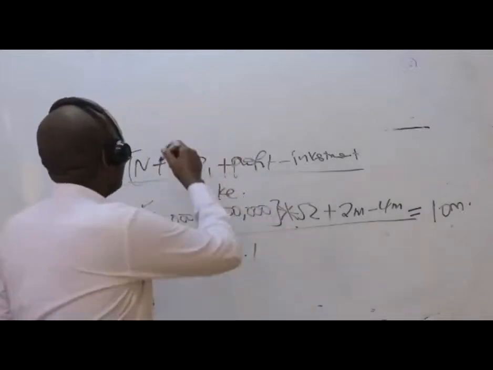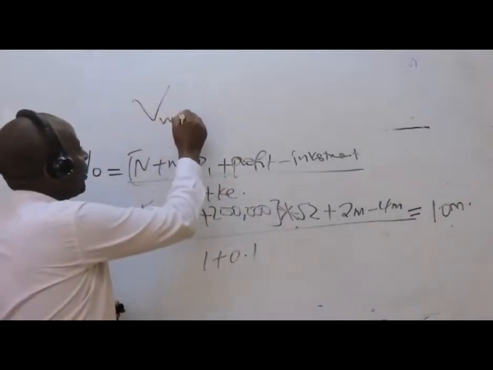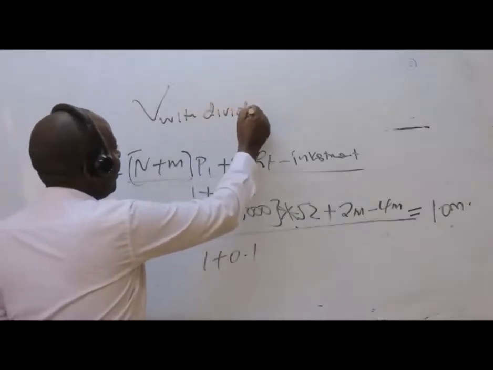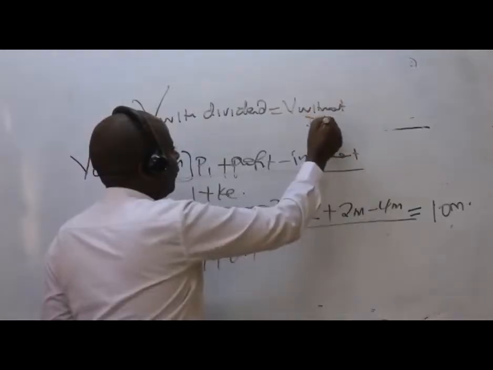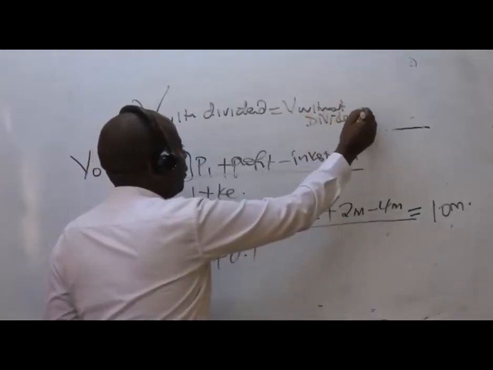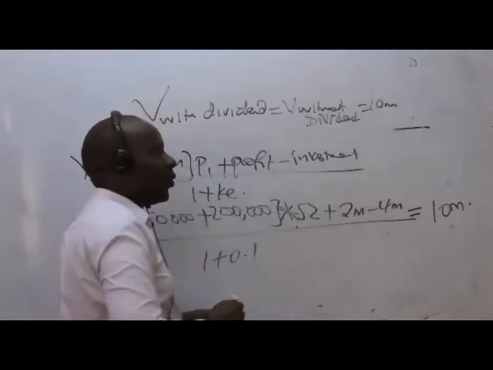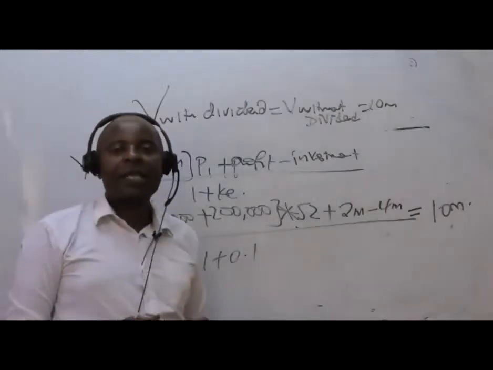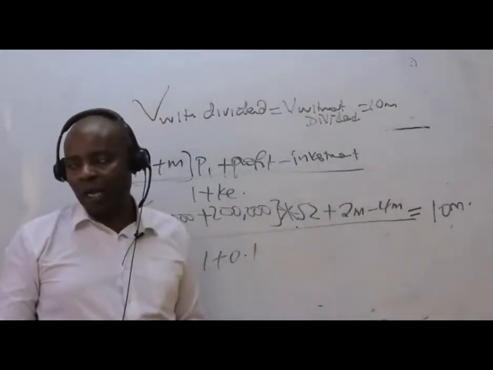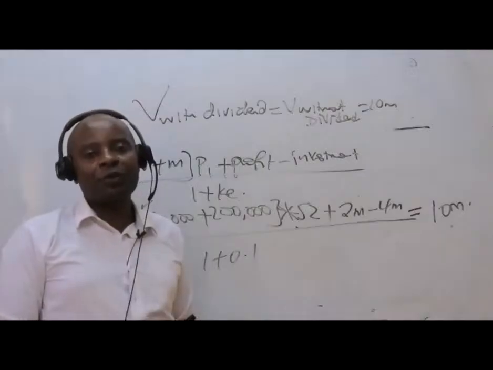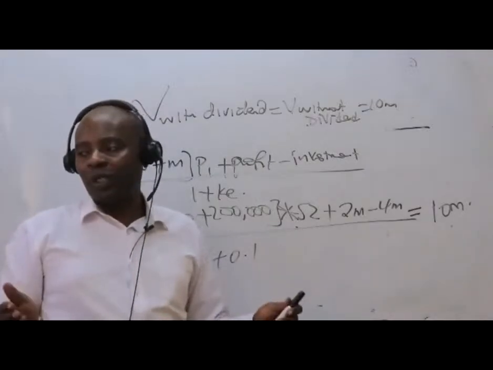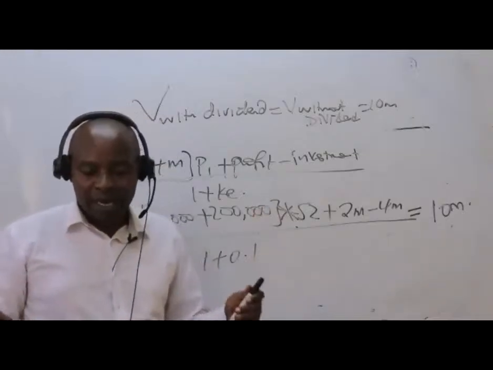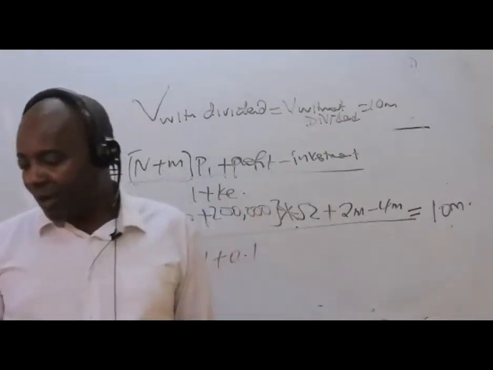That is, value with dividend equals value without dividend, which is 10 million. As Lokai tells us, the dividend policy of the firm does not matter.